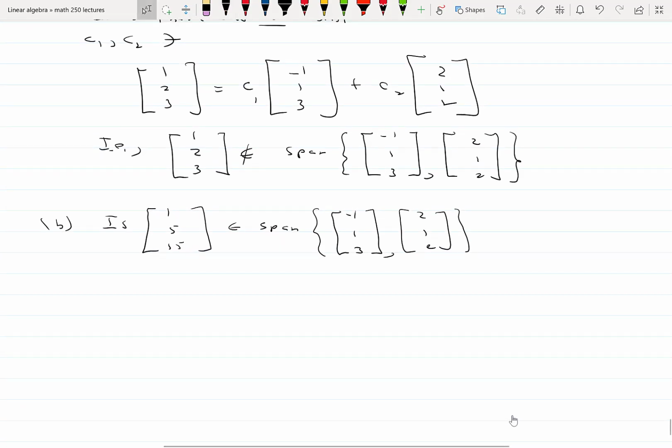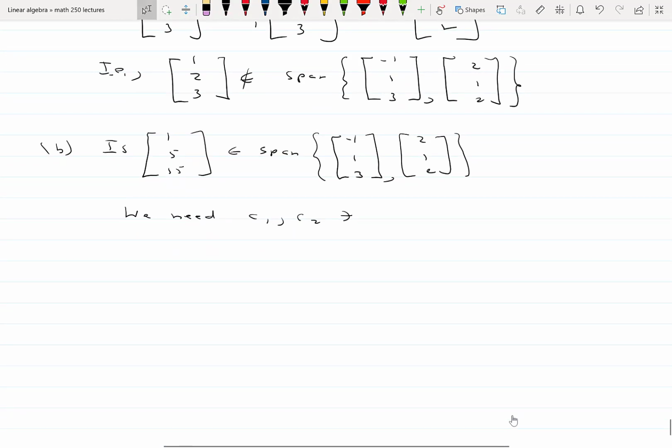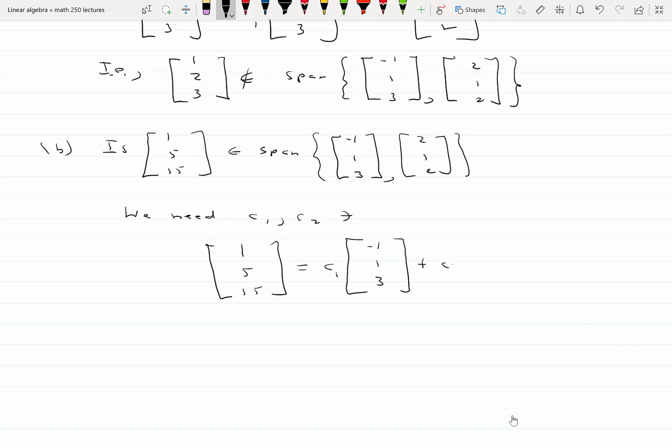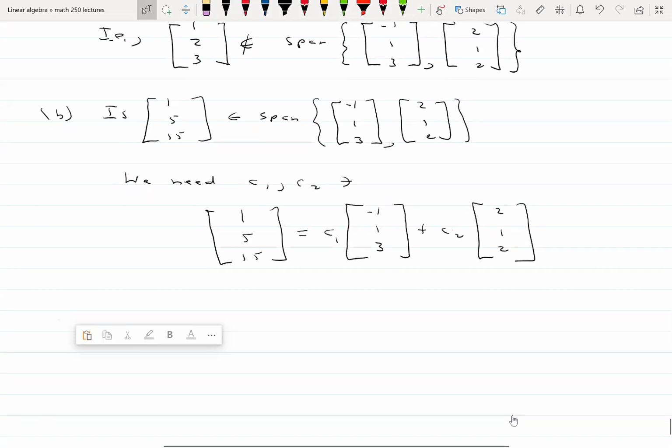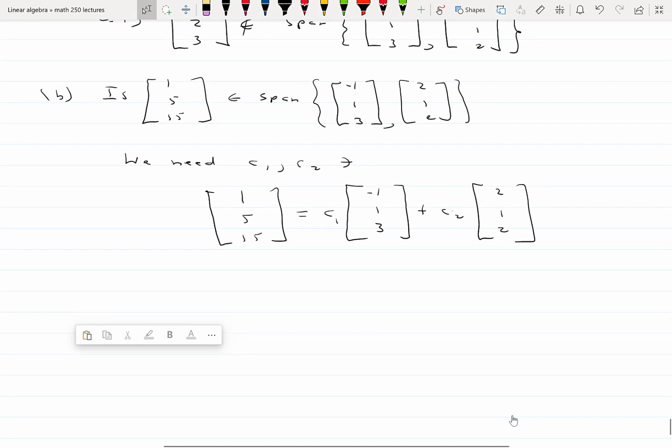Okay, so we need two constants, C1 and C2, such that 1, 5, 15, our particular vector, is C1 times one of the vectors plus C2 times the other. That's what it means for the column vector 1, 5, 15 to be in the span of those two vectors.